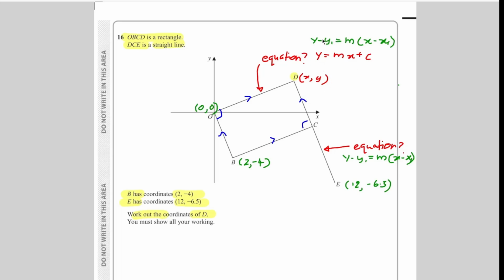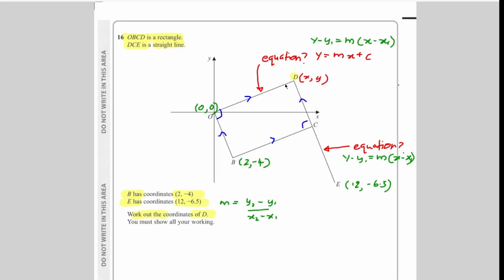Right. To form the equation, y1, x1 means you need to have a coordinate. In this case, you have a coordinate which is 0, 0. The other thing then, you need to have the gradient. Now let's see how to get the gradient of this line. We know that gradient equals y difference over x difference. So let's write it. Gradient m equals y2 minus y1 over x2 minus x1.